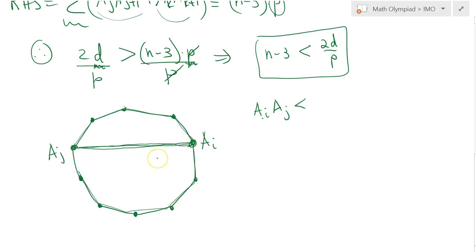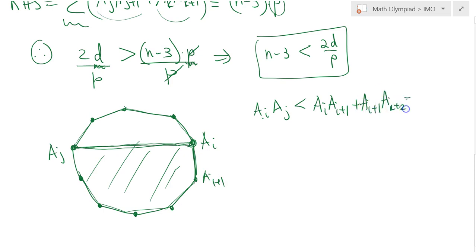The lower region, let's say, is simply equal to a sub i a sub i plus 1, the edge length here, then a sub i plus 1 a sub i plus 2, and so on, all the way up to a sub j minus 1 a sub j.